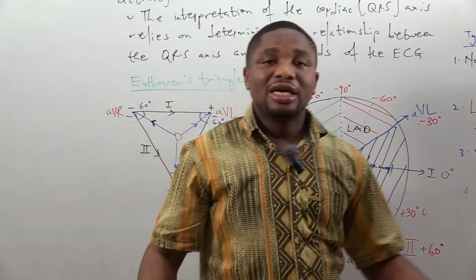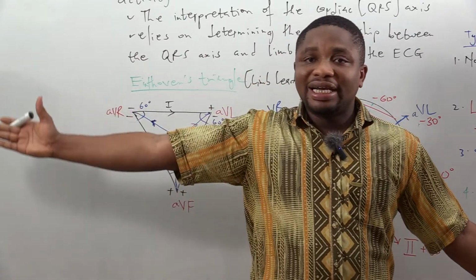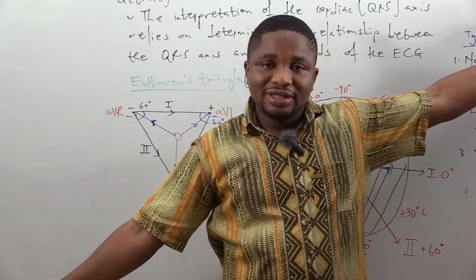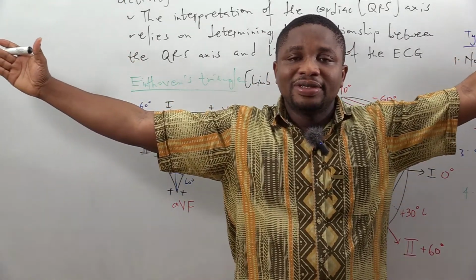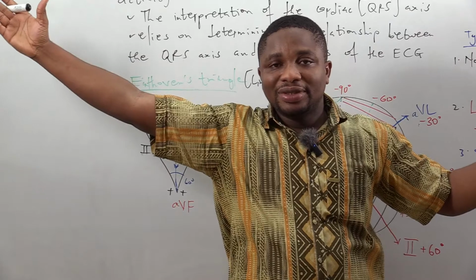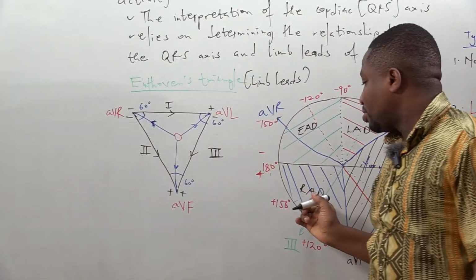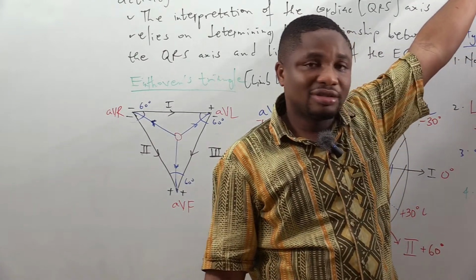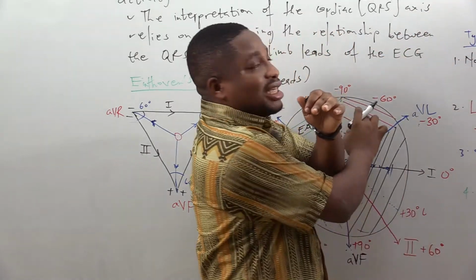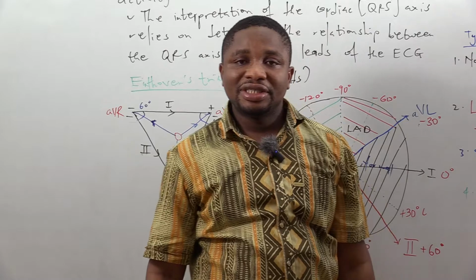Just look at it. If this is my right, this is my left. So if this is my right, then look at this angle very well. What is this? Right axis deviation. If this is my left, I raise it up. What are we having here? This becomes what? A left axis deviation.